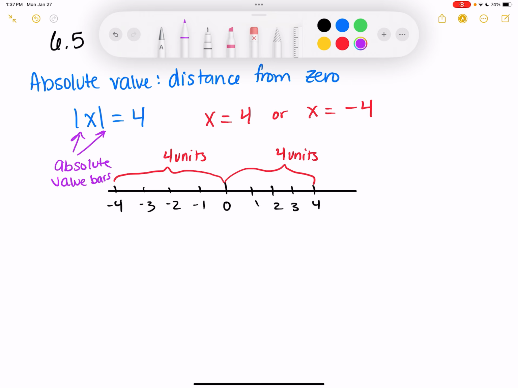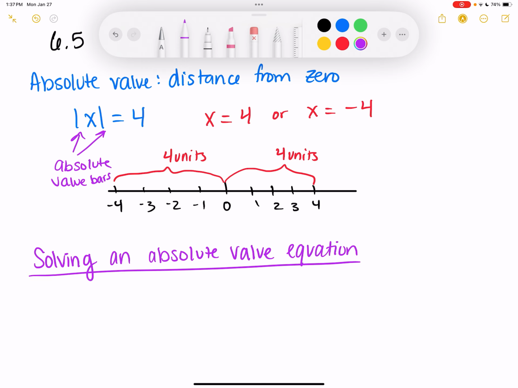Okay, solving an absolute value equation. The equation, absolute value of ax plus b is equal to c, where c is greater than or equal to 0, because whatever's in the absolute value ultimately has to come out being positive, or could be 0.